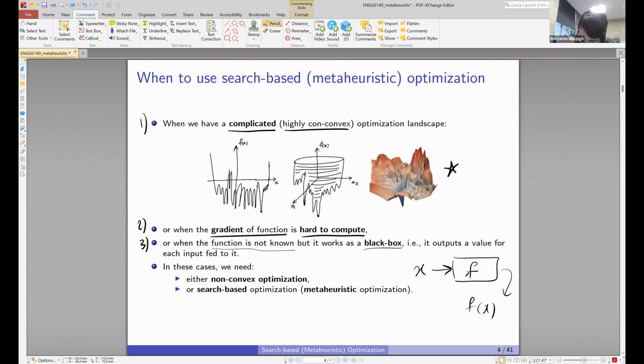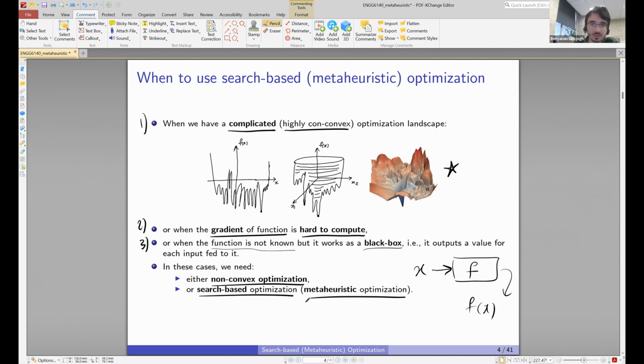So in the third case, the gradient is impossible to compute. Or when the gradient is hard to compute, or when the cost function is too complicated. In these three cases, we need to use either search-based optimization, also called metaheuristic optimization, or non-convex optimization.